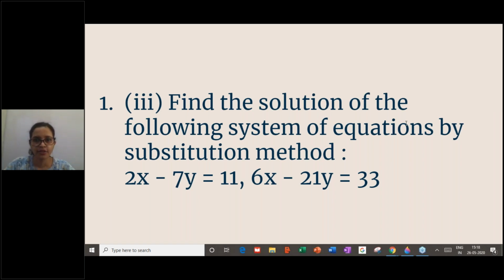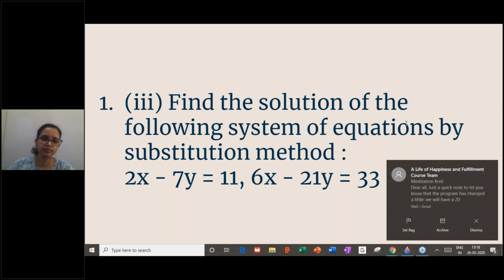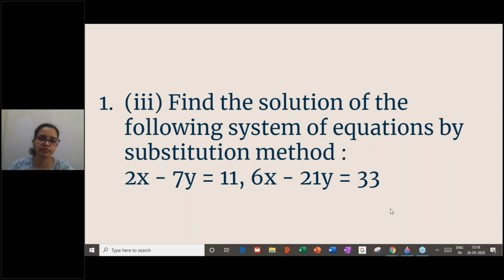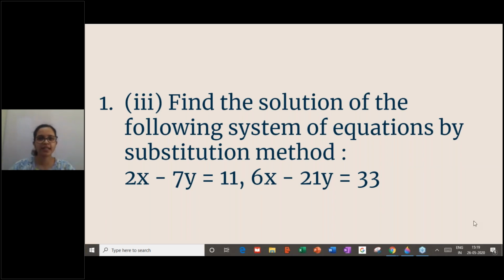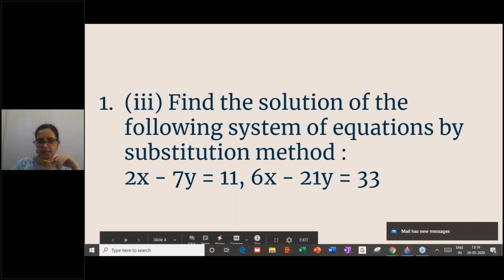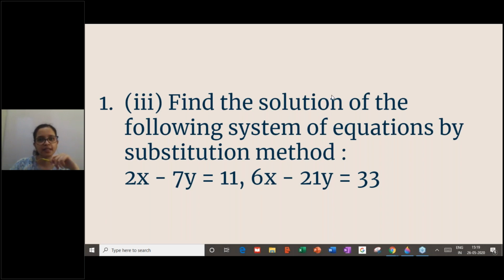Yes, Ayush, Pratim, Smera, you're right. So what will be the answer? What can you say about the solution? Yes, infinitely many solutions. Yes, Manasvi. Navya, Pratim, Sanat, yes. What can you say? Smera, how did you get that?